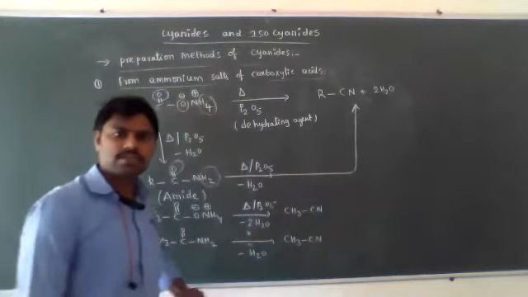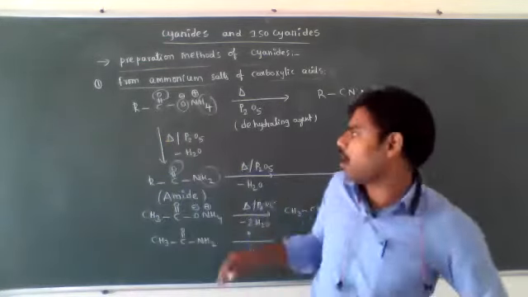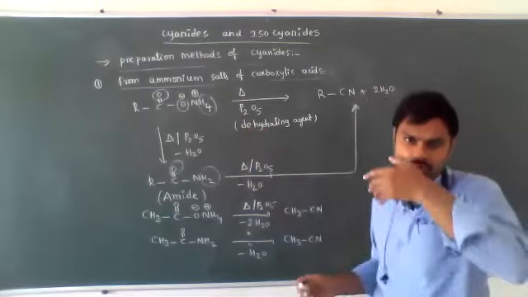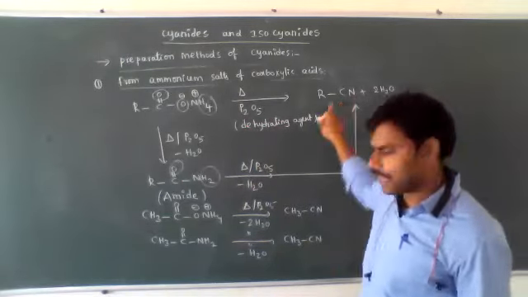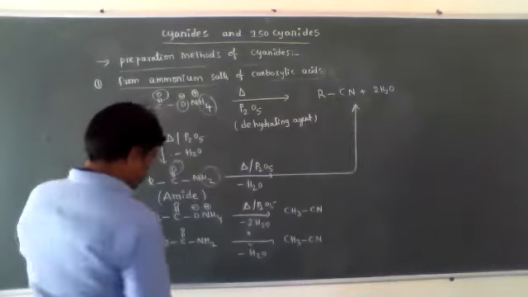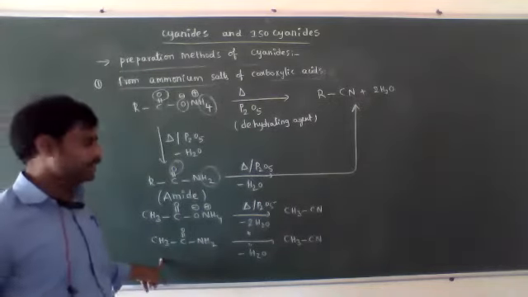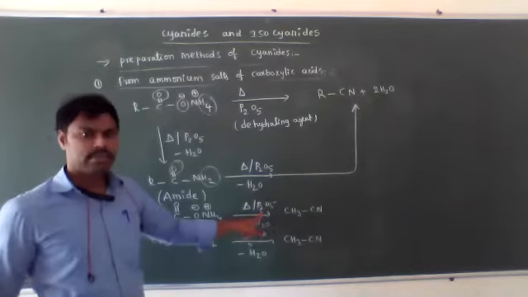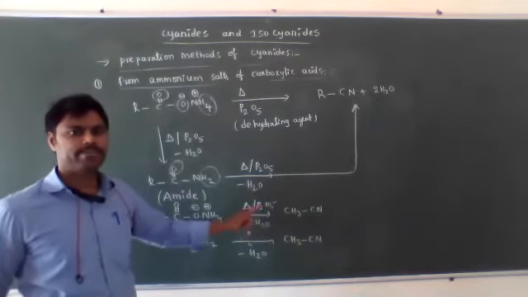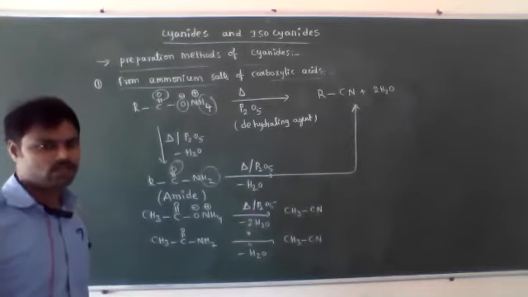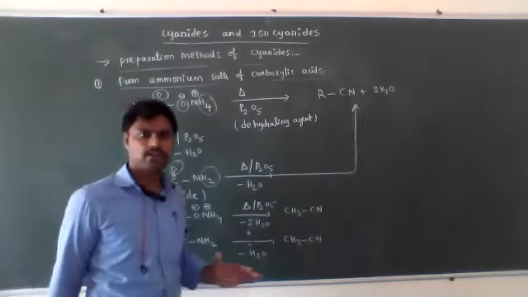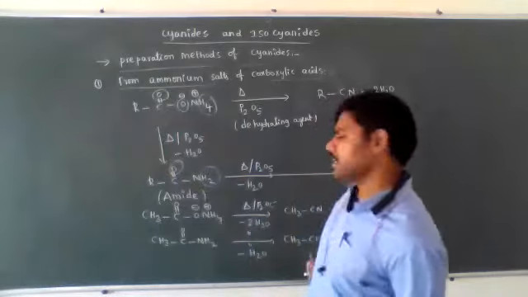So from ammonium salts of carboxylic acids on vigorous heating in the presence of P2O5, loss of two water molecules, then we are getting cyanides. Or otherwise, directly you take amides, that amides upon heating in the presence of dehydrating agents like P2O5 or POCl3 or concentrated H2SO4, any dehydrating agent you have to use, then we are getting cyanides.